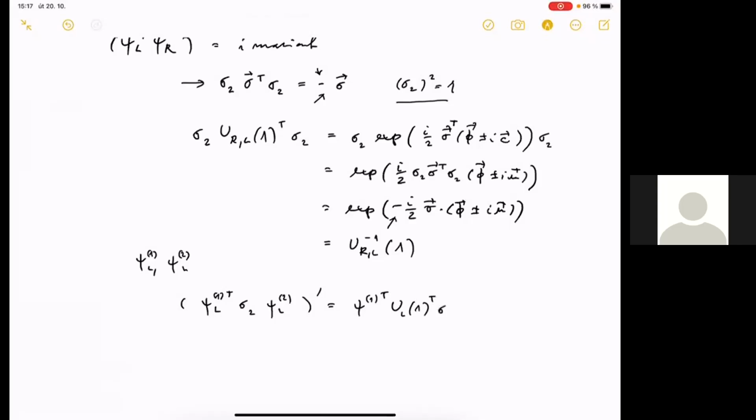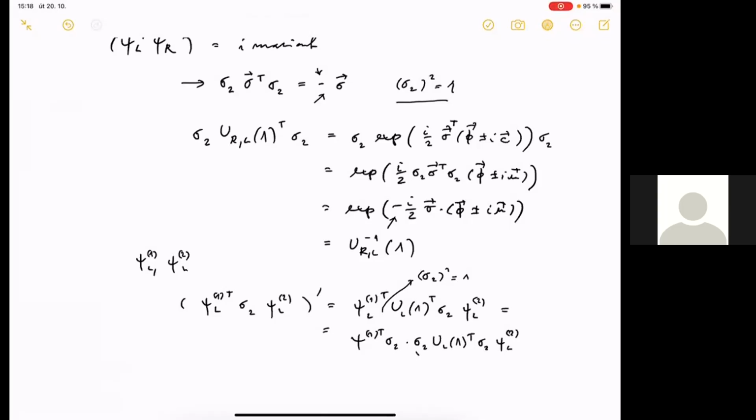Then we have sigma 2 and psi_2L. But we can insert here 1 in the form of sigma 2 squared. And what we get is psi_1 transposed sigma 2 times sigma 2 U_L transposed sigma 2 times psi_L2.